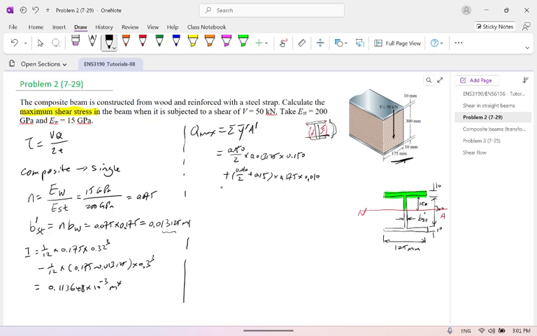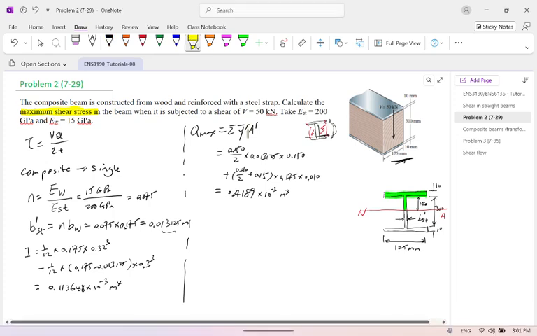So you can see the number is 0.4189 times 10 to the negative third meter to the power 3. You must work this out. I still put a color for you: this one is Y, and this one is A.